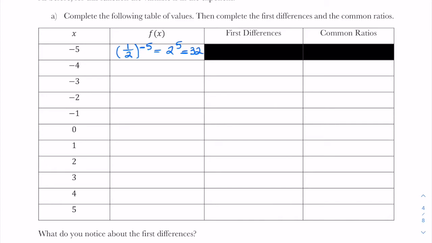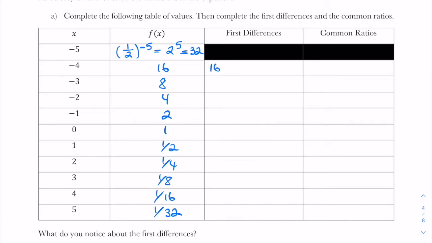Once again, I'm not going to show my work for every single one, but you should get y values of 16, 8, 4, 2, 1, a half, 1 over 4, 1 over 8, 1 over 16, and finally 1 over 32. In a similar way, complete the first differences by subtracting consecutive y values.